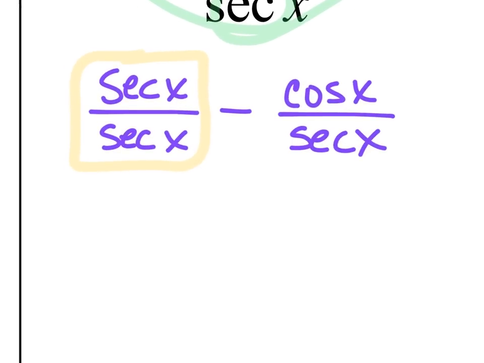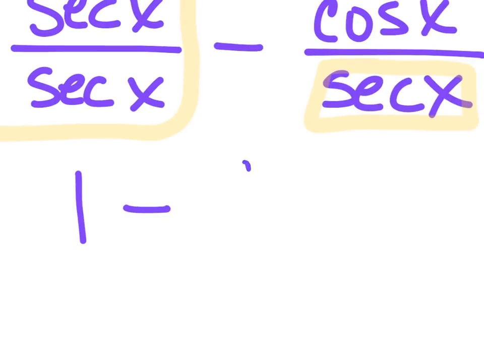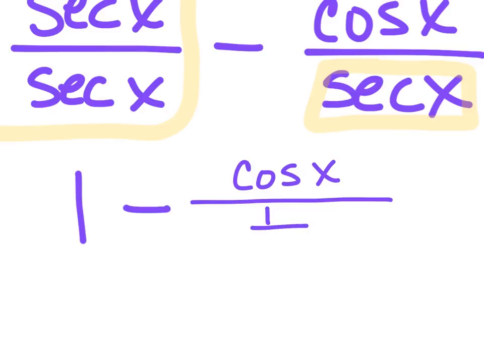So I'm going to rewrite that as 1. And in the second fraction, I'm going to change secant of x to 1 over cosine of x. And so this whole fraction becomes cosine of x over 1 over cosine of x.